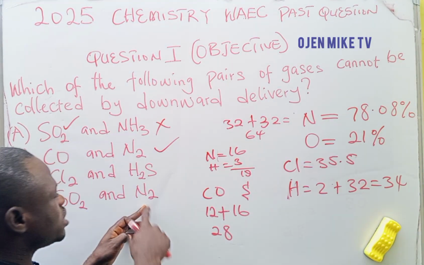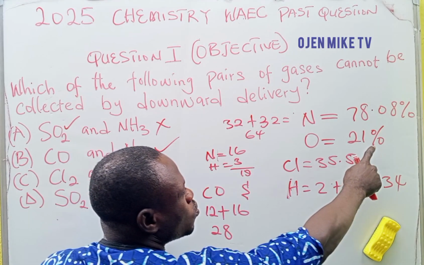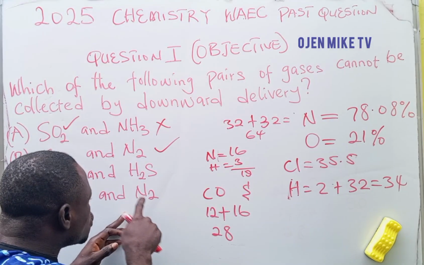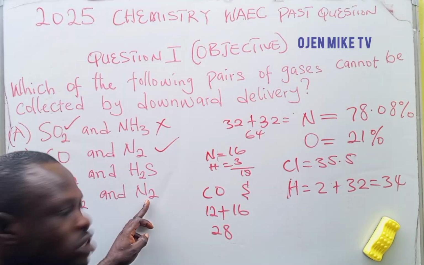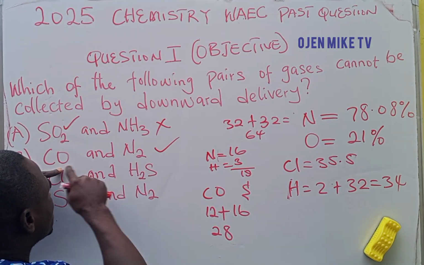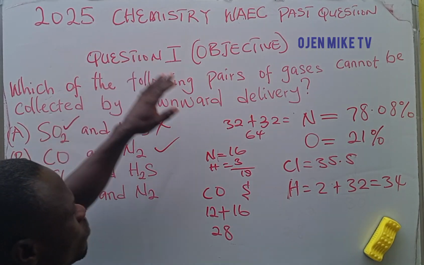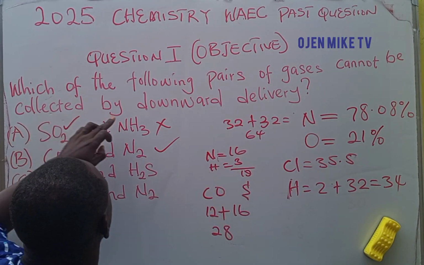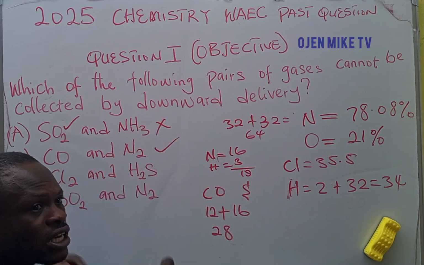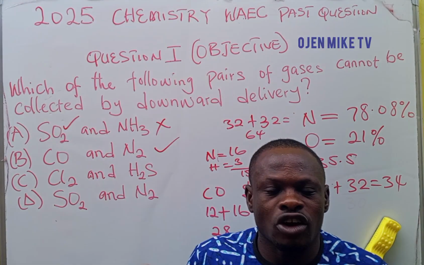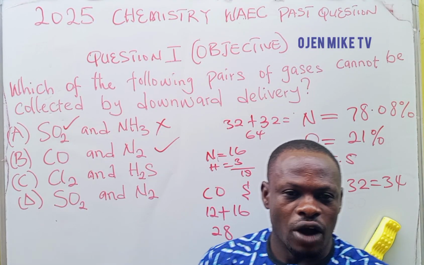This one can be collected using upward delivery, this one can be collected using downward delivery, and these two can be collected using upward delivery, not downward delivery. So the pair of gases that cannot be collected by downward delivery is this one and this one.